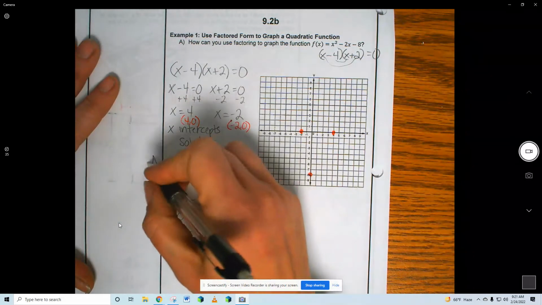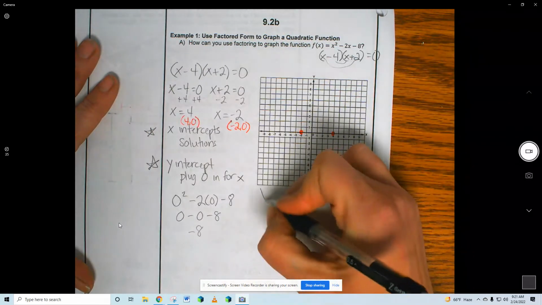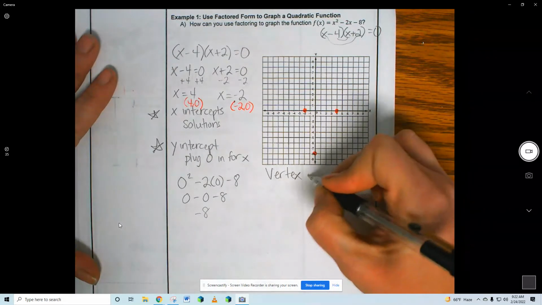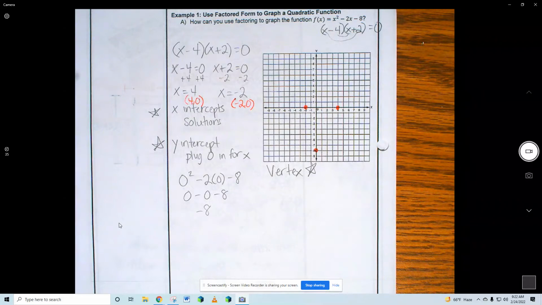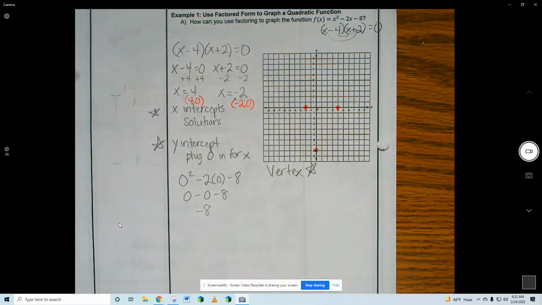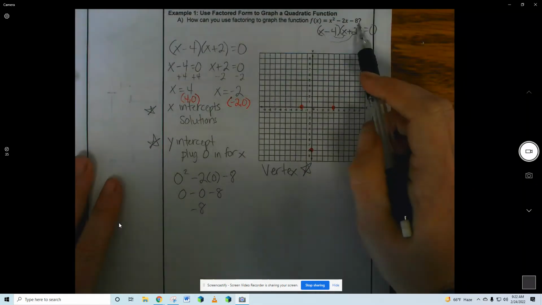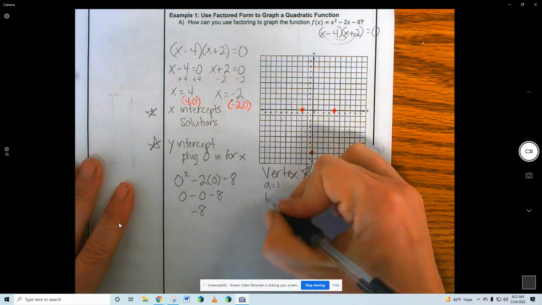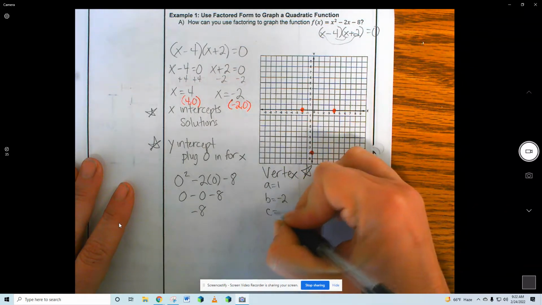So I've defined my y-intercept, my x-intercepts, and now my vertex. How do I find the vertex? Here it is: negative b over 2a. Here's a, b, and c. A is 1, b is negative 2, and c is negative 8.